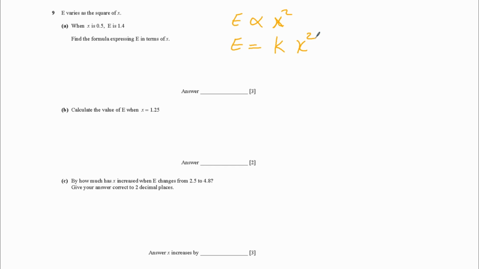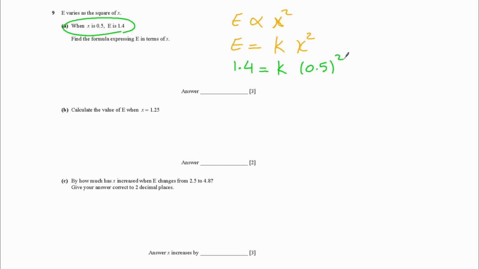Now, to find out what that constant is, I can use the information provided here: when x equals 0.5, E is 1.4. So E, which is 1.4, equals k, which we don't know, that's what we want to find out, and x is 0.5, so 0.5 squared.